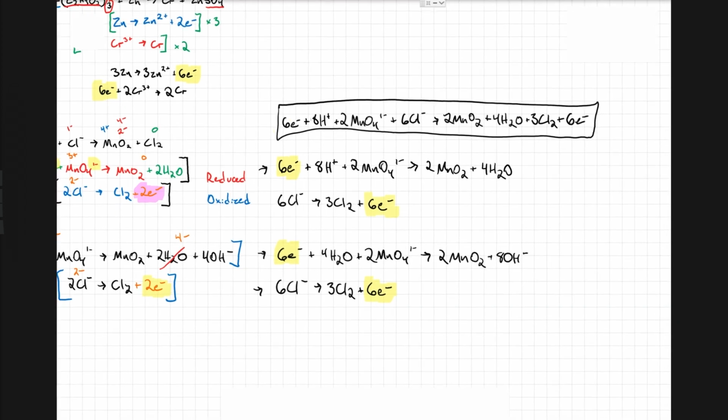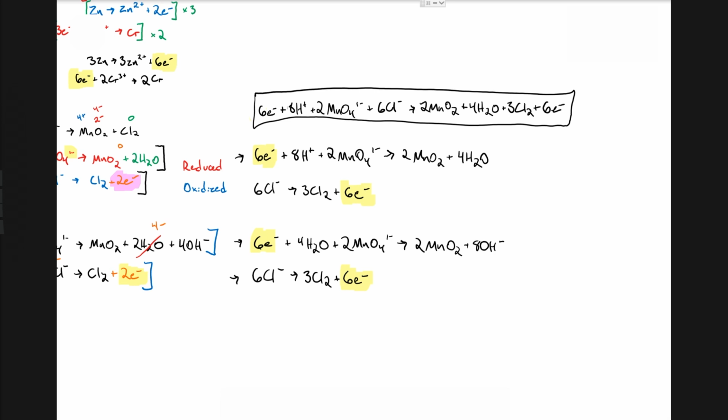So to add these together, our final equation is 6 e negative plus 4 H2O plus 2 MnO4 plus 6 Cl goes to 2 MnO2 plus 8 OH negative plus 3 Cl2 plus 6 e.